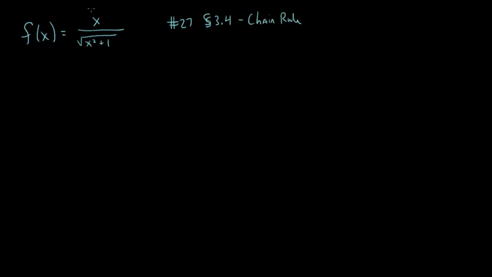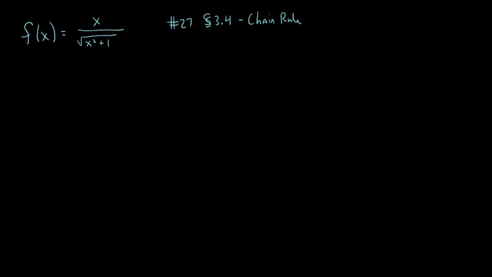So notice this is going to use the chain rule because you must use the chain rule pretty much anytime you have the composition of two functions. And notice here on the bottom we do have a composition of two functions. We have the composition of the square root of x and x squared plus 1.